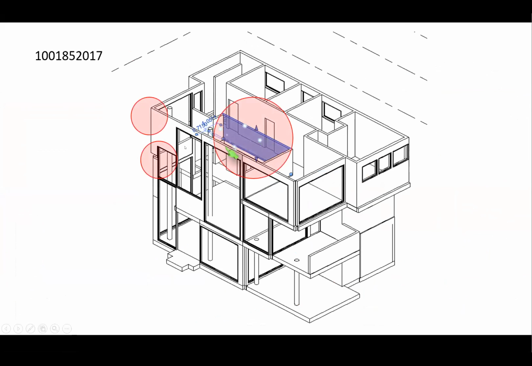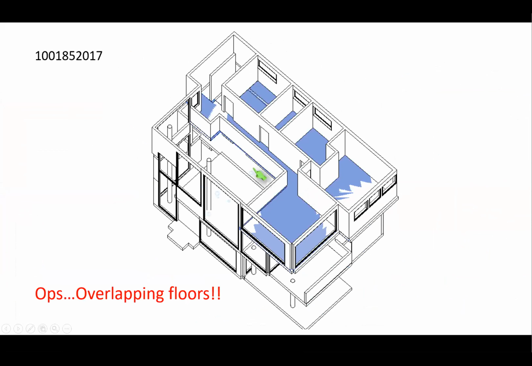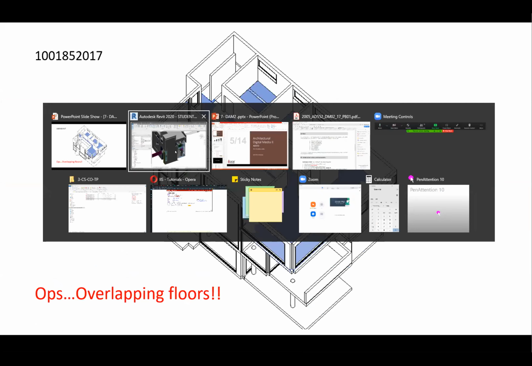Same issue. Here there is an issue, etc., etc. This is another big issue. This student actually modeled 2 floors in the same location. How did I know there are 2 floors? Because when we see this kind of colors, blue and white, for example, let me show you in this Revit.